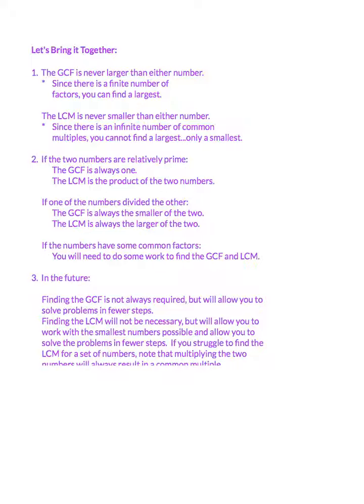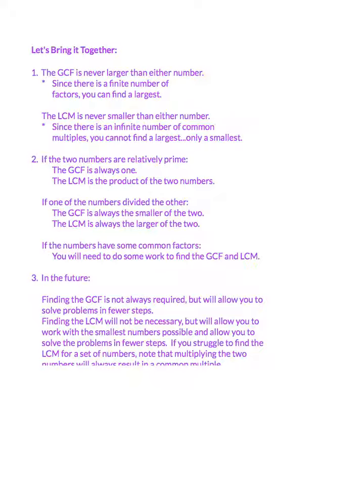Since there is a finite number of factors, you can always find a largest. On the flip side of the coin, the least common multiple is never smaller than either number. Since there is an infinite number of common multiples, you cannot find a largest. You can only find a smallest.